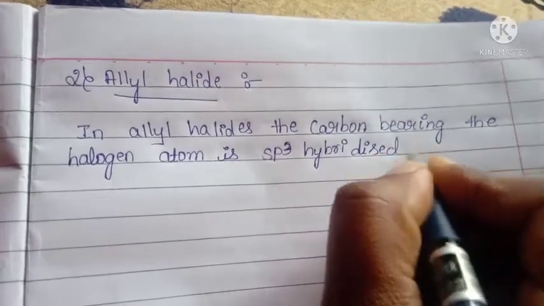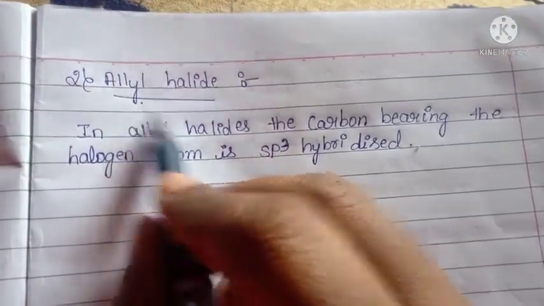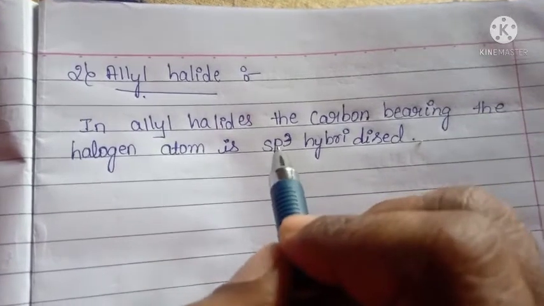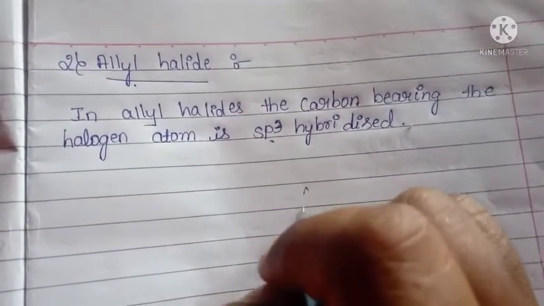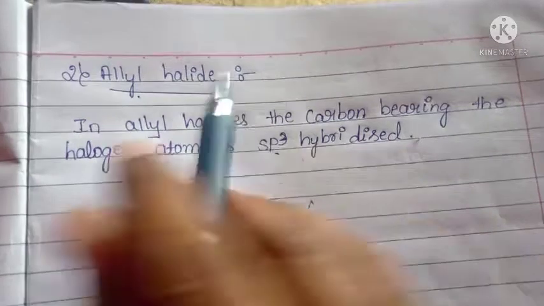Okay, in the aryl and vinyl, it means the carbon atom is sp2 hybridized. In the allyl, it means the carbon atom is sp3 hybridized.